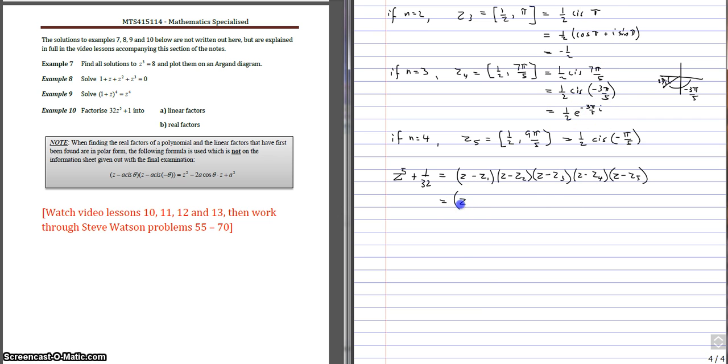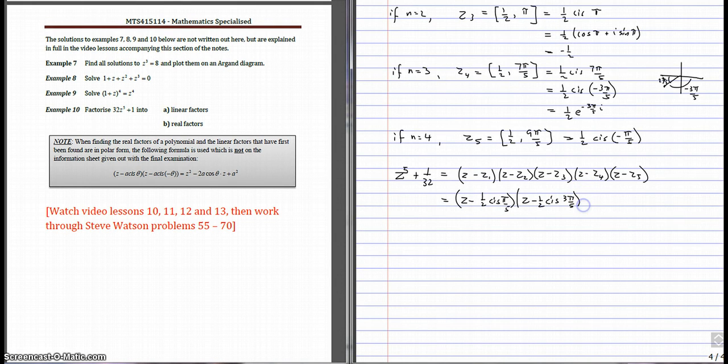So that's z minus a half cis pi on 5 times z minus a half cis 3 pi on 5.